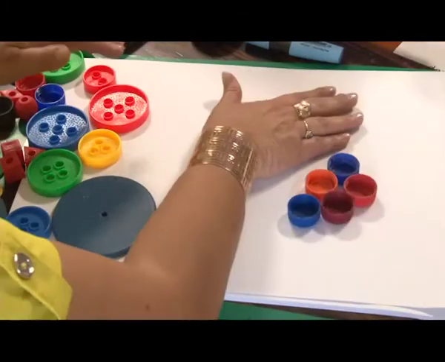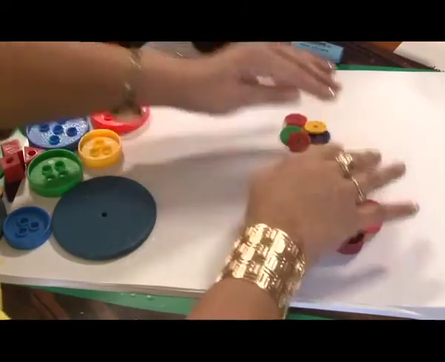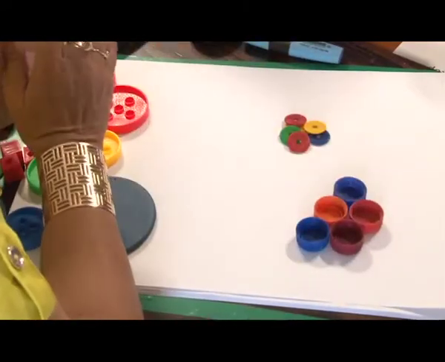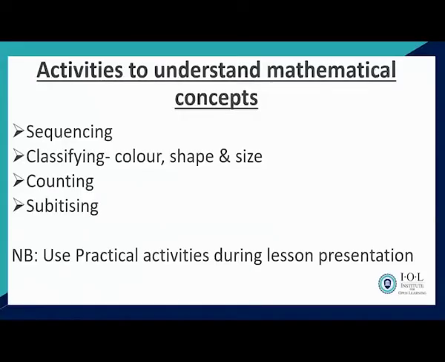So color doesn't matter, shape doesn't matter, it's only size that matters in this case. So that is how I can explain to my learners color, shape or size.